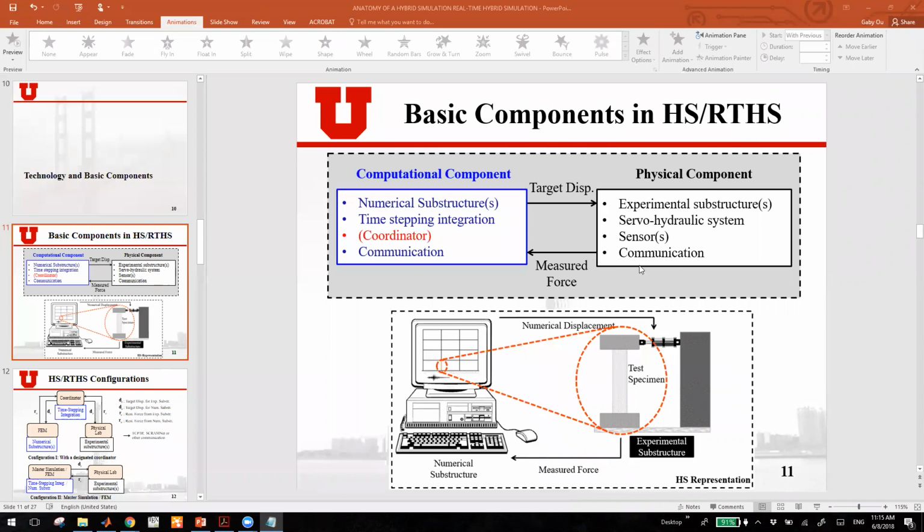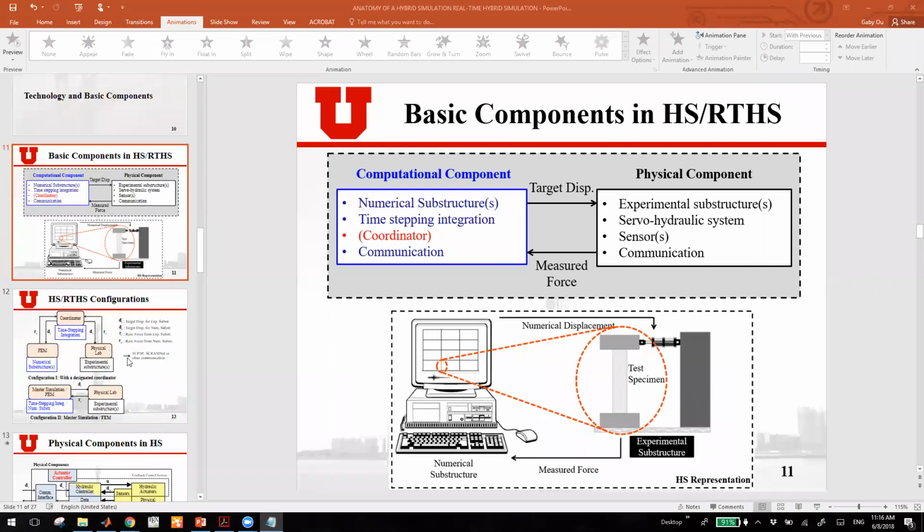And at the end, to allow the communication between the physical and the computational component, we need a compatible communication protocol to send our measured information back to the computational component. So this is the basic template we came up with for hybrid simulation and RTHS components.